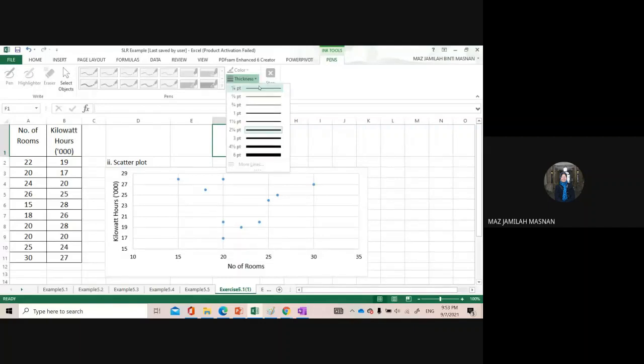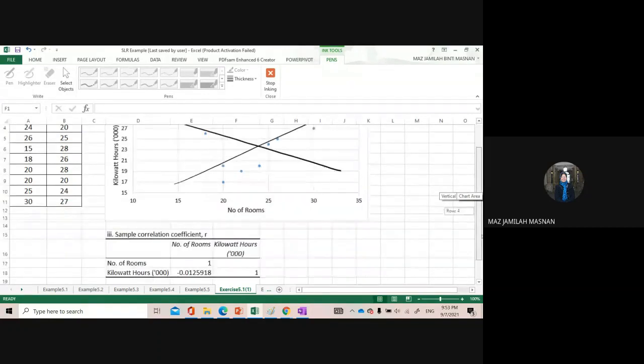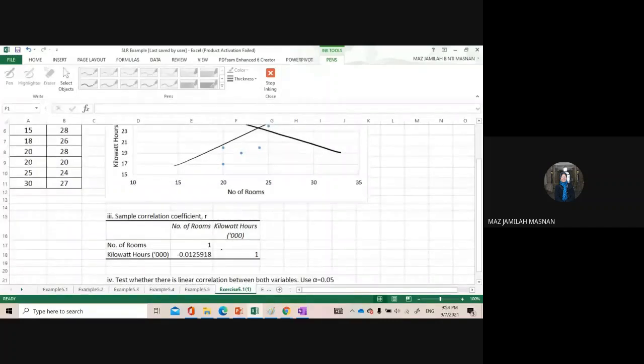Everything's okay. Now, based on this, what can you tell, class? Is the line like this, or is the line like this? We are not really sure, right? We don't have a clear picture of the relationship between these two variables. But this is just because we do have the answer for the second one.